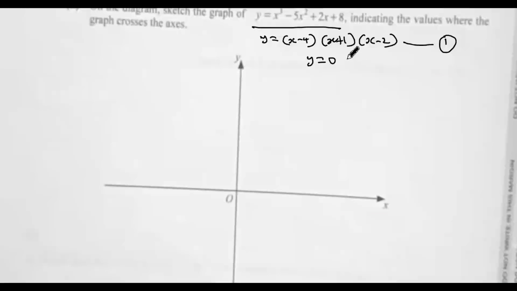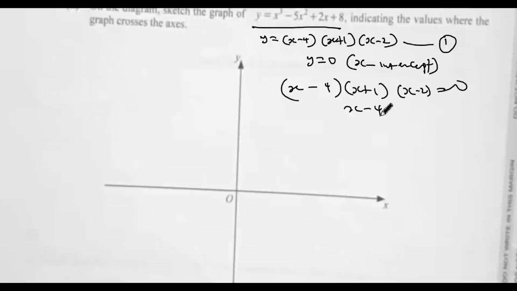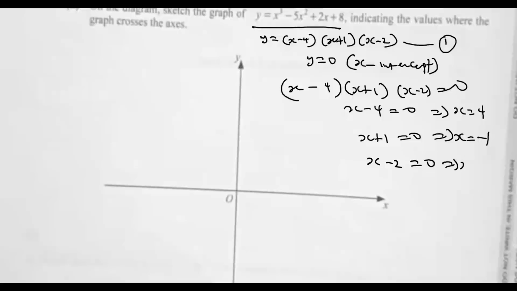If y equals 0, that means I want to get the x-intercepts. So equation 1 becomes (x minus 4)(x plus 1)(x minus 2) equals 0. So x minus 4 equals 0, which implies x equals 4. Then x plus 1 equals 0, so x equals -1. Then x minus 2 equals 0, so x equals 2.